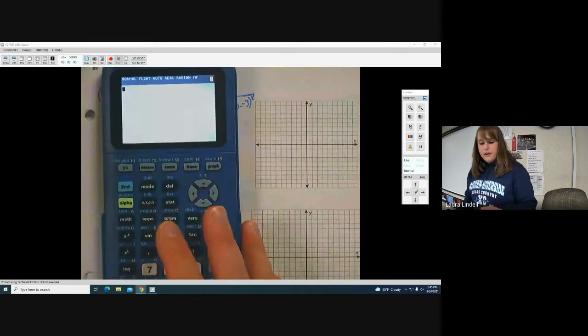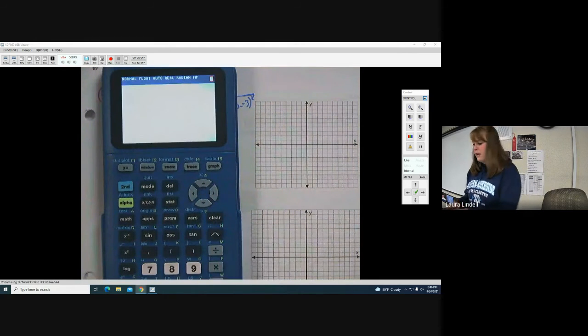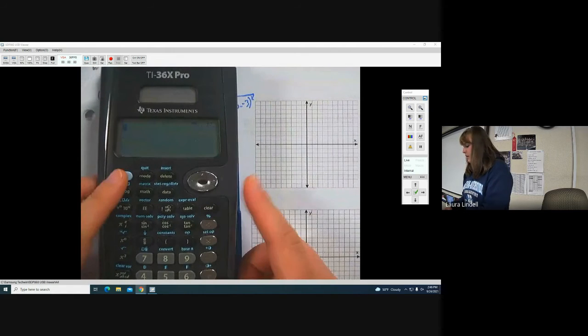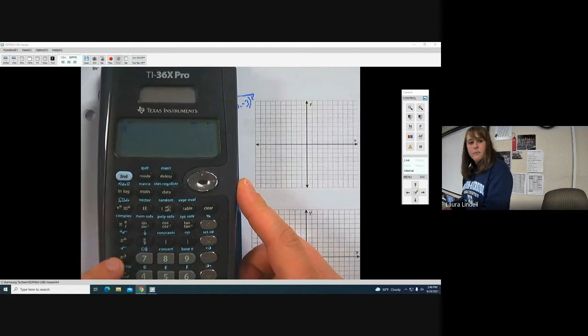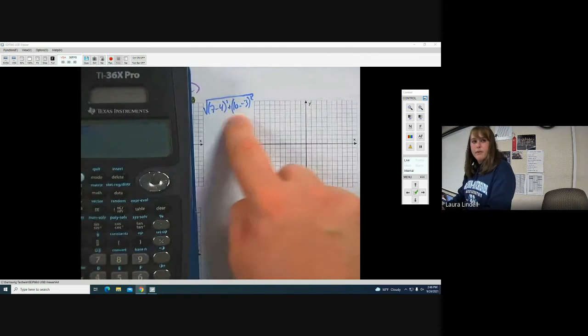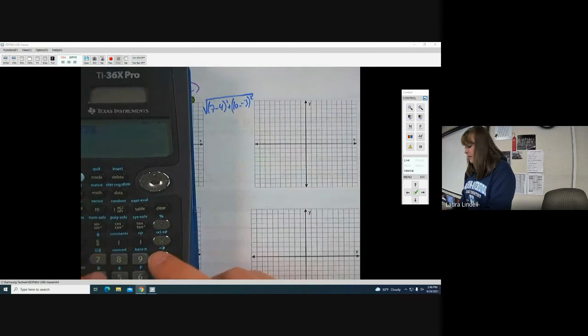So if you have a calculator like this one or like this one, you go second, and then the x squared button. The secondary function on that is a square root. And then you'll go parentheses, and then we're just going to type in exactly what we have written here. 7 minus 4, close the parentheses, and then squared, plus parentheses, 10 minus -3, close the parentheses, squared, enter.